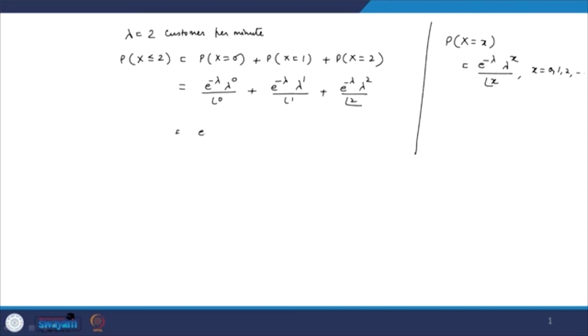Now, e raised to power minus lambda will come out, it is 1 plus lambda plus lambda square upon 2, and what is lambda here? Lambda is 2. So, it will be equal to e raised to power minus 2 times 1 plus 2 plus 4 upon 2, which is equal to 5 into e raised to power minus 2. So, this is the probability of at most 2 customers in a given minute.